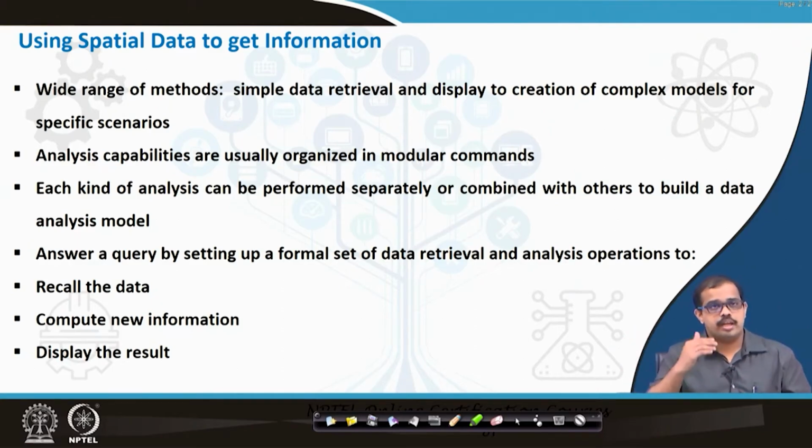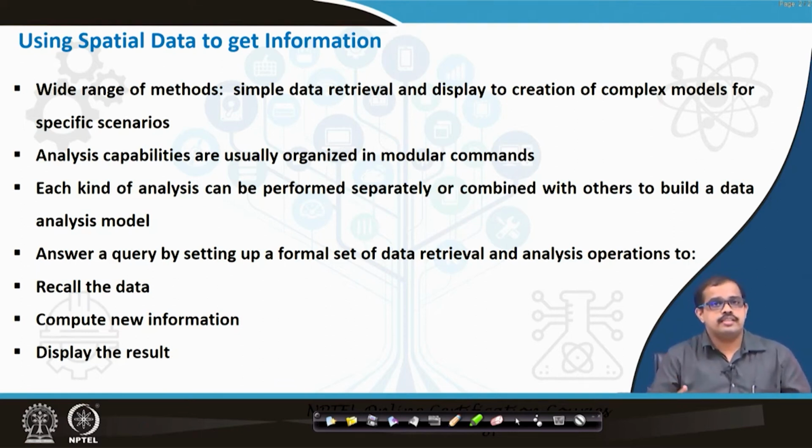When you look at capabilities, these are usually organized into modular commands. Normally it is more of commands, but it has evolved over a period of time. Now you have a lot of improvements in terms of open source GIS, so any of your GIS software has drop-down menus, modular drop-down menus.